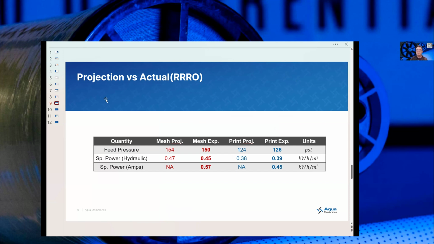So the red are the meshes, blues are the prints, and the bolds are the experimentally measured values. As you can see, pretty good matchup on the feed pressures, which then correlates into the hydraulic specific power. But we also did measure amp draw to get the specific electrical power, just a little bit more because of efficiencies in the system.